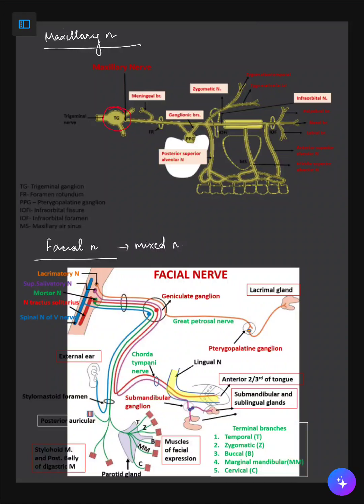The greater and lesser palatine nerves are branches of this ganglion, which innervate the hard and soft palate respectively. And there is a nasal branch, which passes to the nasal cavity through the sphenopalatine foramen.